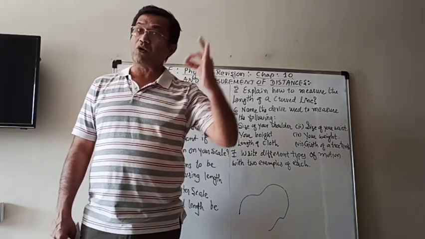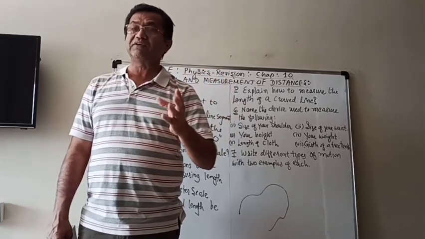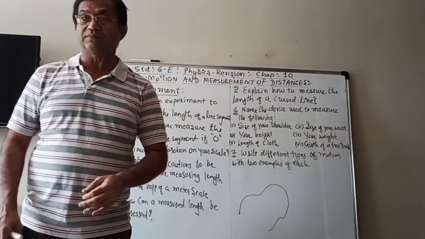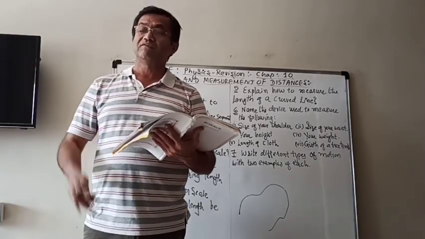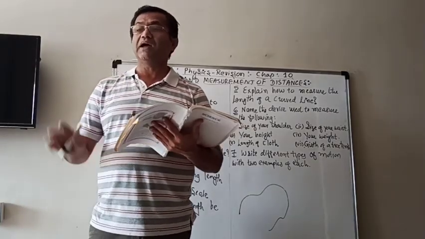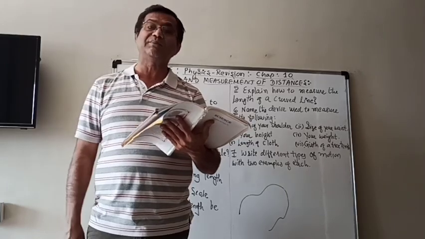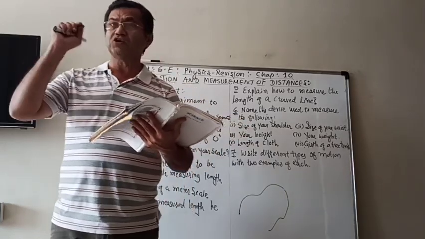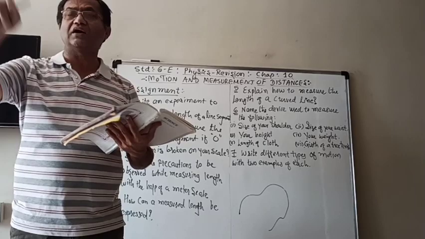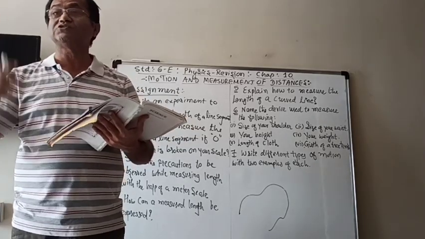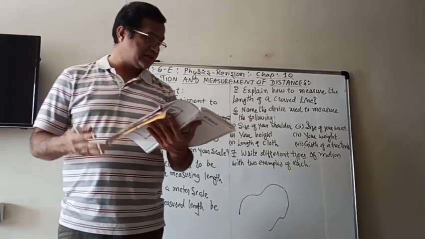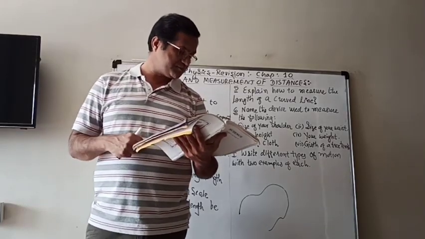So we can call it oscillatory motion, or we can say that they are vibrating. Similarly, on the tabla, when you play it with your hand, the tabla also starts vibrating. Similarly, your school bell or a bell in a temple, when struck, also starts vibrating. So that is vibrating motion also.